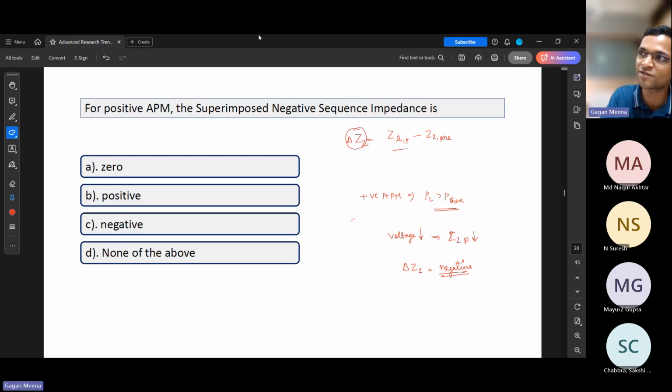That's why when the number of consumers increases, we need to replace the transformer or add one more transformer.